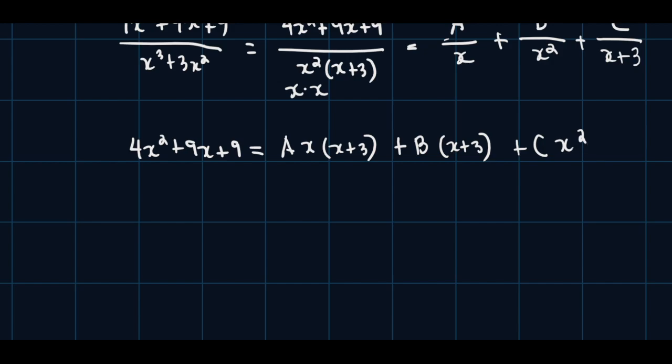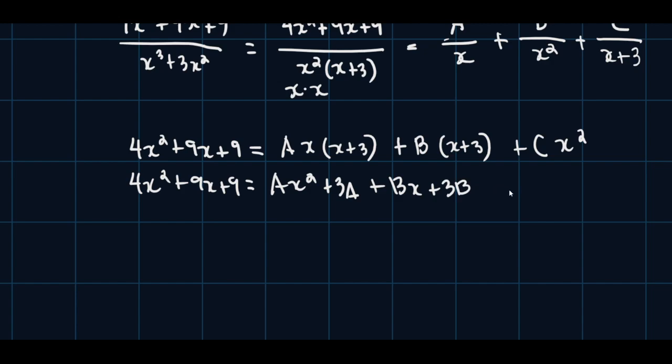Okay? Again, multiply this by x squared times x plus 3. Simplify. 4x squared plus 9x plus 9 equal to ax squared plus 3a plus bx plus 3b plus cx squared.